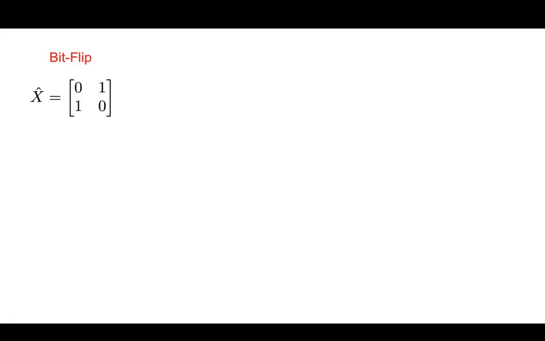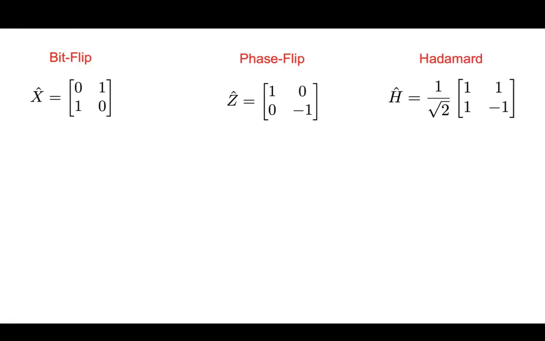Then we have the phase flip gate, which multiplies the ket 1 part of the qubit by -1. And finally, the Hadamard gate, which creates superposition states, making ket 0 into a state proportional to ket 0 plus ket 1, and ket 1 into a state proportional to ket 0 minus ket 1.